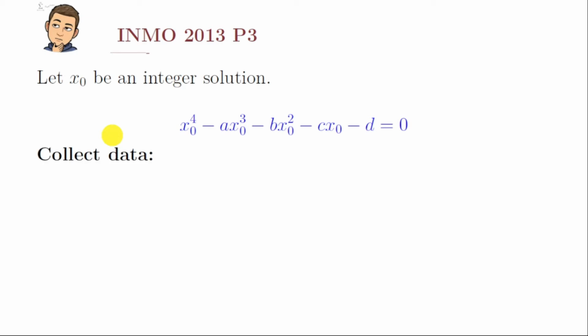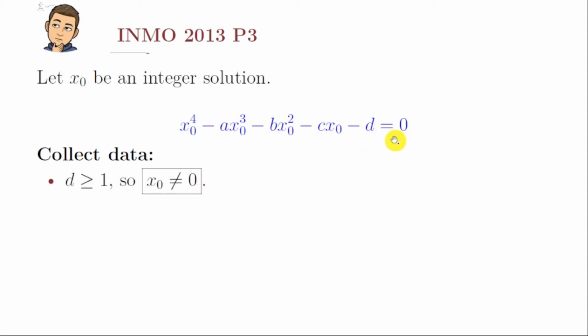And then the strategy is we want to find a contradiction. So we will collect some facts based on this assumption that it has an integer solution. The first one is, since the constant d must be at least 1, we cannot have x be 0, because if x is 0, then d must be 0.